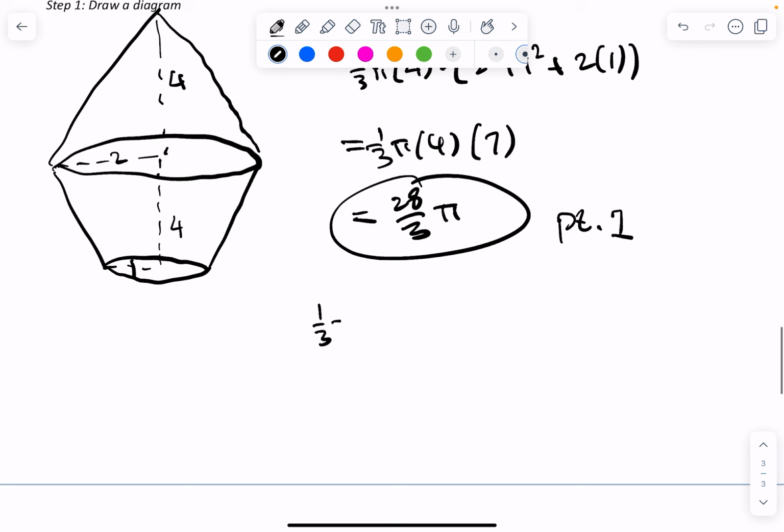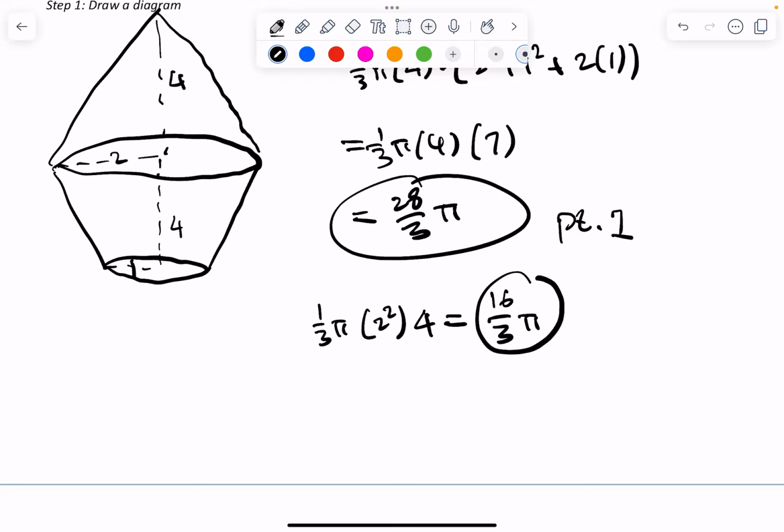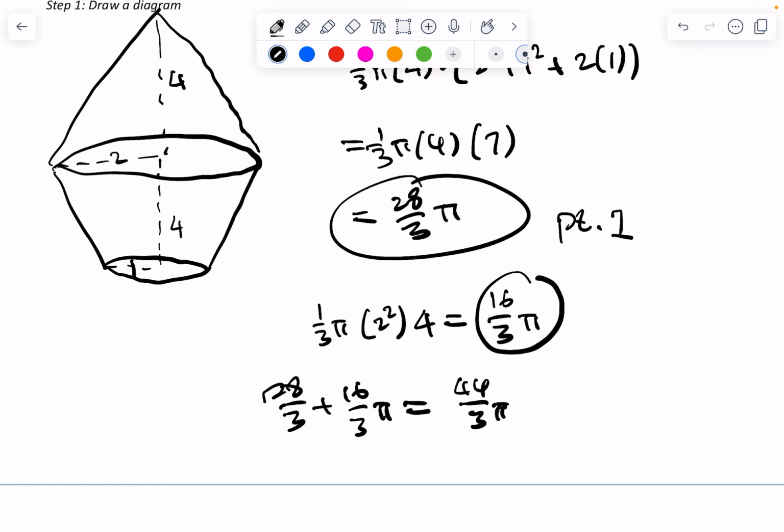So the formula would be 1/3 pi r squared times h. So 16/3 pi. And adding those two together, you get 44/3 pi. And I'm not sure if this is the correct drawing because I'm good at math, I'm not good at reading. Let's check.